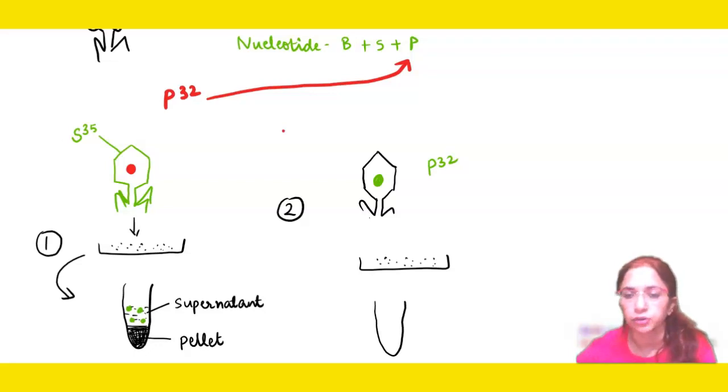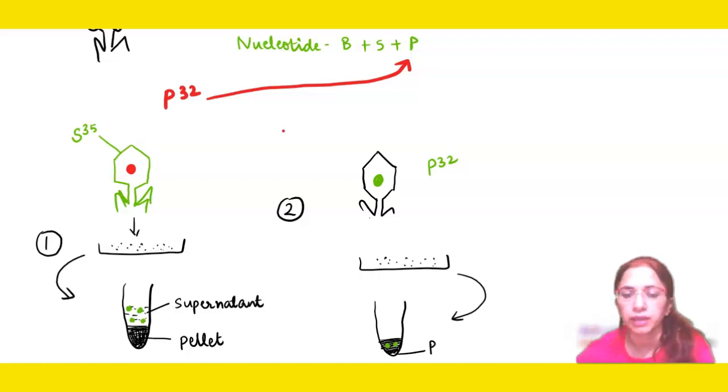So they grew the bacteria with the bacteriophage, and then they took the bacteria and did the centrifugation process as they did with step number 1. Now in this, of course, bacteria will be denser, so they would be settling at the base. And in this, they found that radioactivity was associated with the pellet.